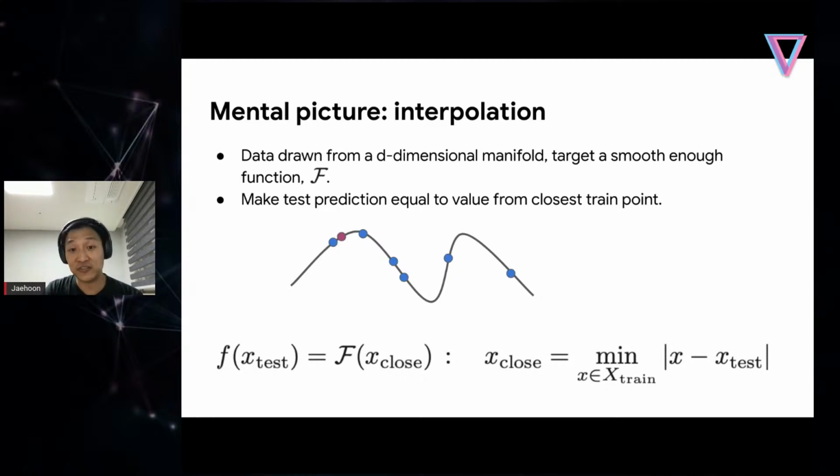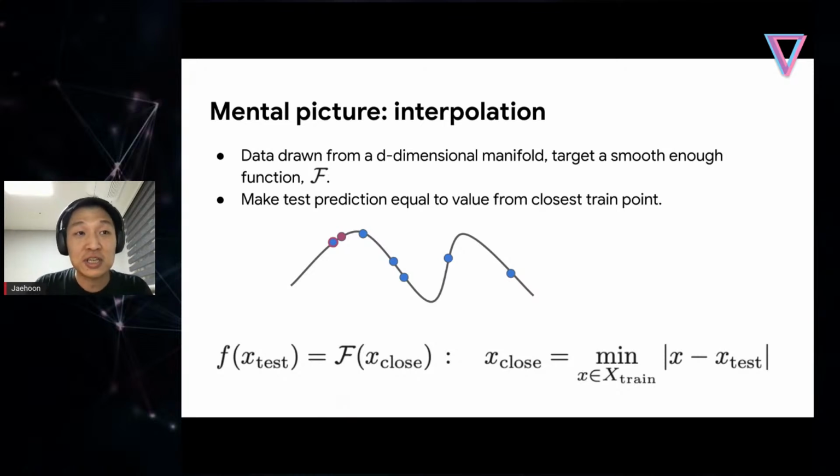With a large enough model, we can fit the training data targets perfectly, which is depicted here as the blue dots. Given a new test point, denoted with the purple dot here, the test prediction from the model is given by the target value of the closest training point. Here, the closest training point to the test point is denoted by the purple circle around the blue dot. And this is how the model is making predictions.